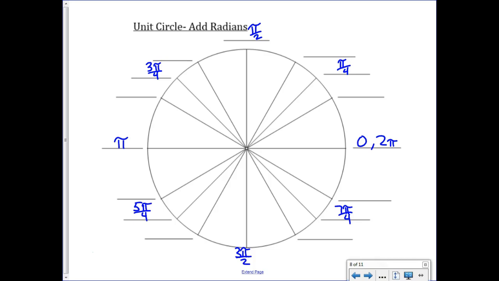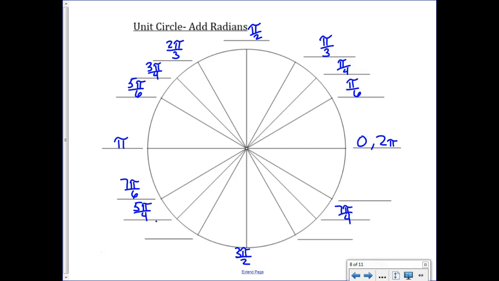Then we have our degree measures that are split up into thirds. So pi over 2 in thirds gives us pi over 6. So we're going by 1/6 every time we go around. So 1 pi over 6, 2 pi over 6 is pi over 3. 3 pi over 6 is pi over 2. 4 pi over 6 is 2 pi over 3. 5 pi over 6. 6 pi over 6 is pi. 7 pi over 6.